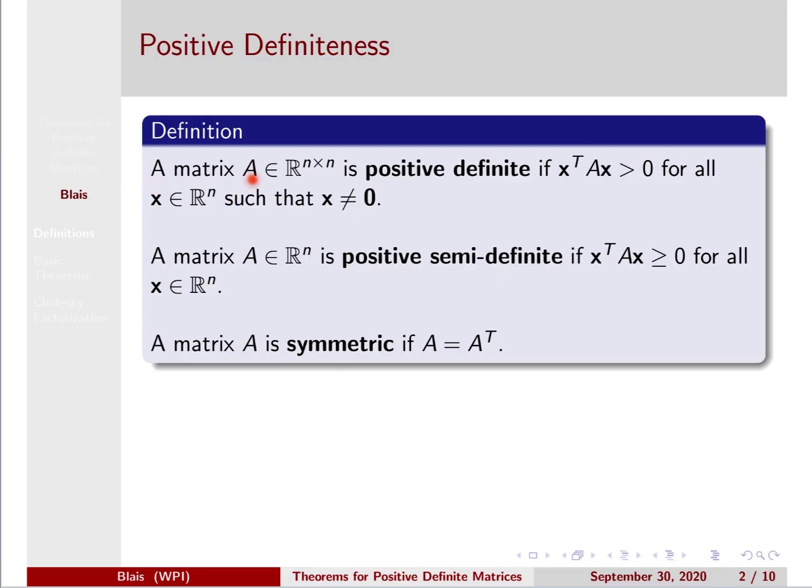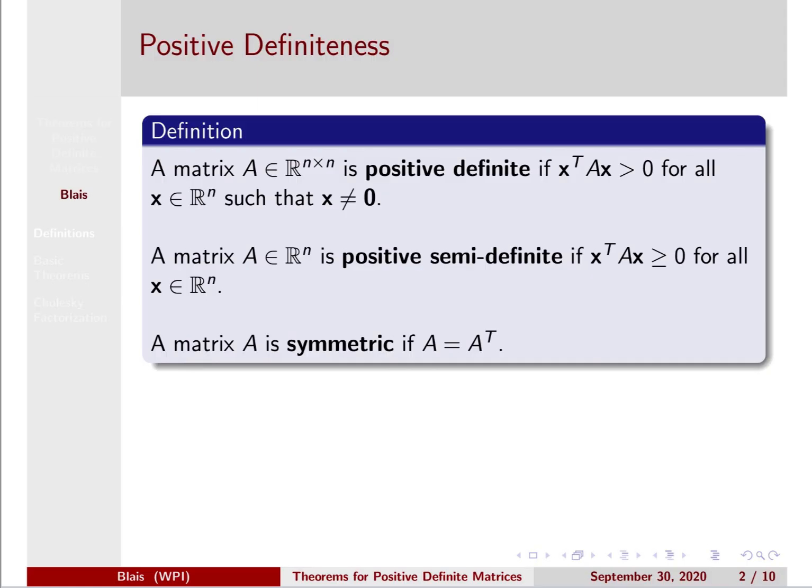So a square matrix A in R^(n×n) is positive definite if x transpose Ax is positive for all vectors x in R^n such that x is non-zero. Recall that this is a quadratic form. Any vector x we consider a column vector.